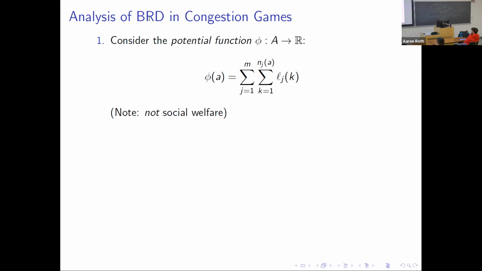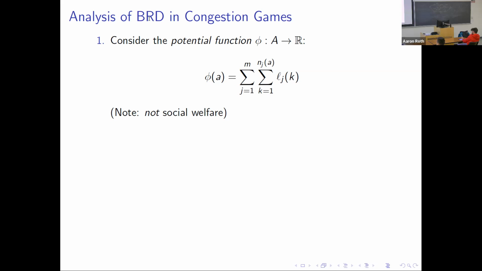First of all, it is a function of the sort that I promised. It just labels every game state with a number. It's a map from game states to real numbers. And what number does it label a game state A with? Well, first we sum up over all of the facilities.